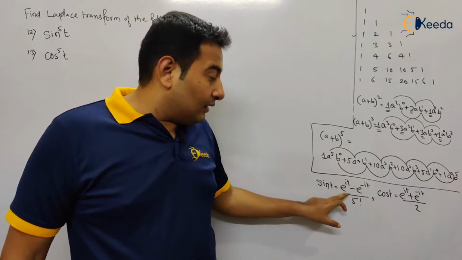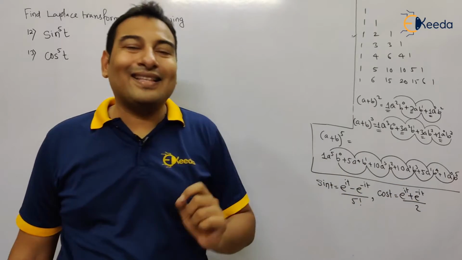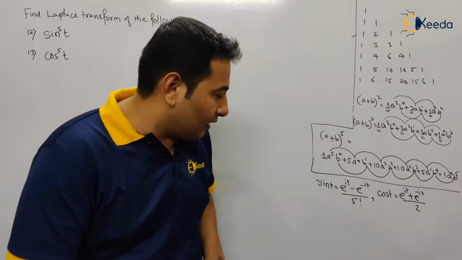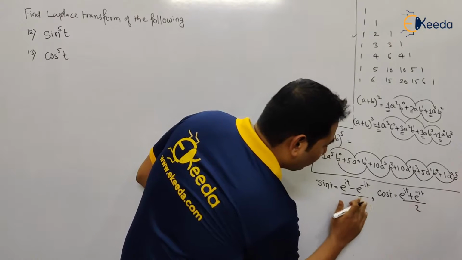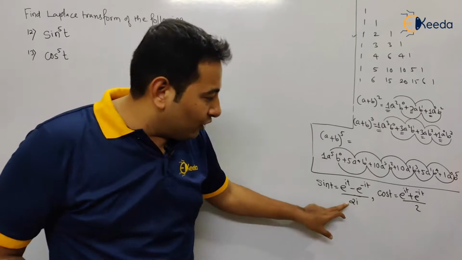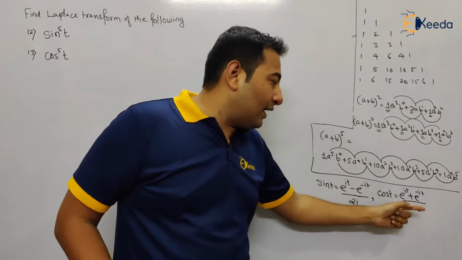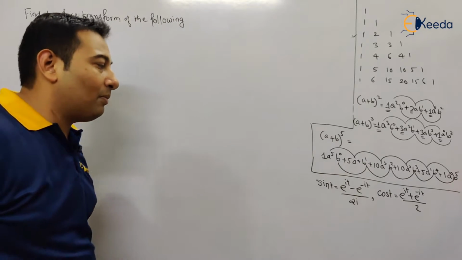If it is sine, then we have minus, and if it is cos, then we have plus. So this is the difference. And the second difference is in the denominator. Actually, it is 2i. So in the denominator we have 2i, and here we have 2. So with sine we have i, and with cos we don't have i. So you need to remember the formula.